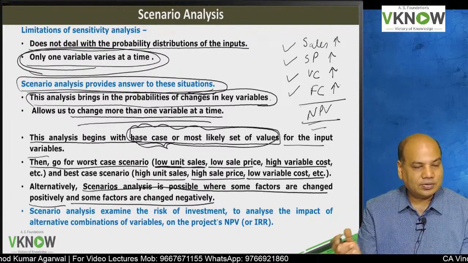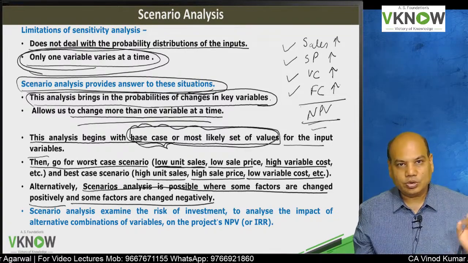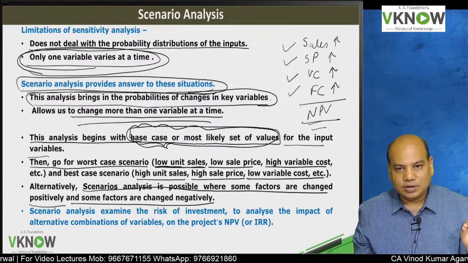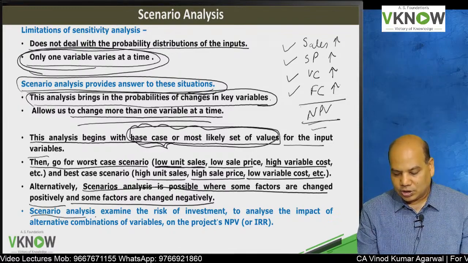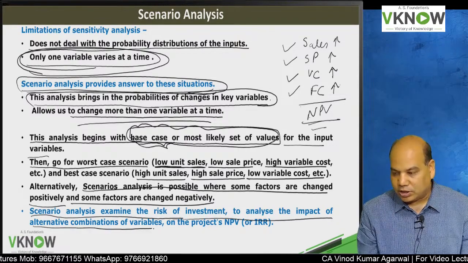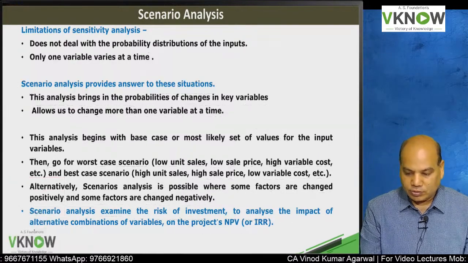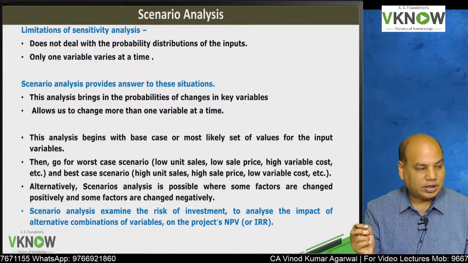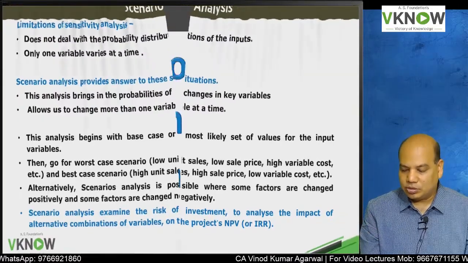So according to your estimation, your judgment, you can change some variables positively, some negatively also. And then scenario analysis examines the risk of investment to analyze the impact of alternative combinations of variables on project NPV. So this is one step ahead of sensitivity analysis. If more than one variable changes, how would the NPV change.